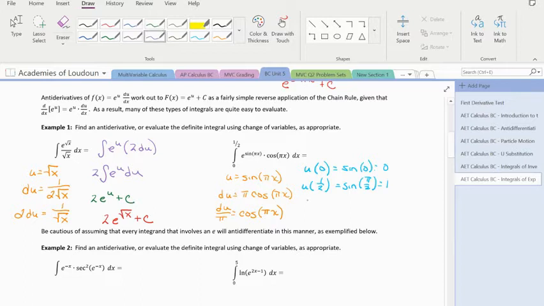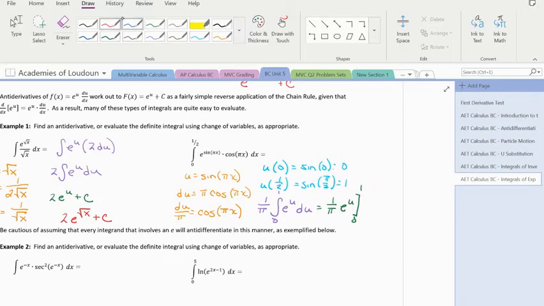So then we have 1 over pi times the integral of e to the u du, and we're integrating that from 0 to 1. So we know that this is then 1 over pi e to the u, evaluated from 0 to 1, which then gives us 1 over pi times e minus 1. And there is our solution.